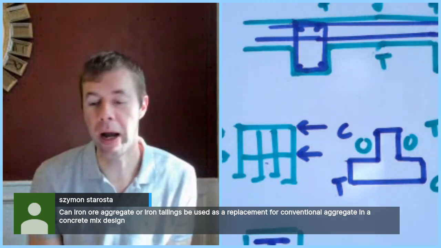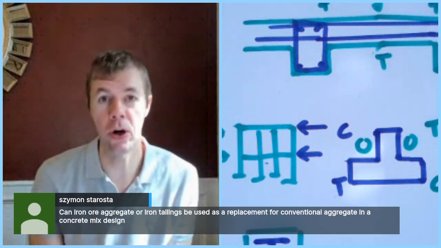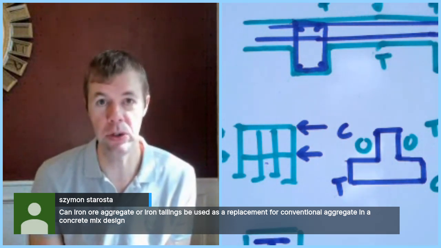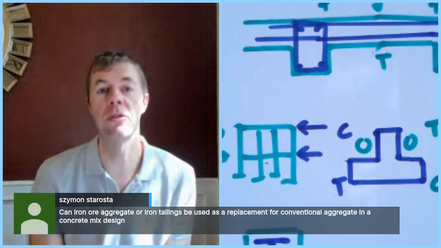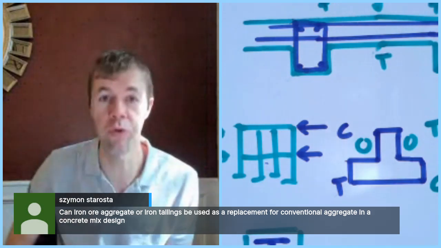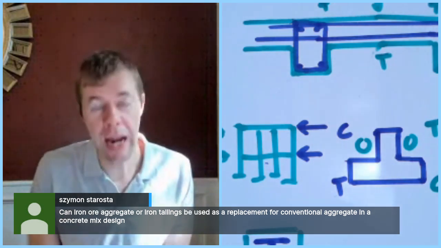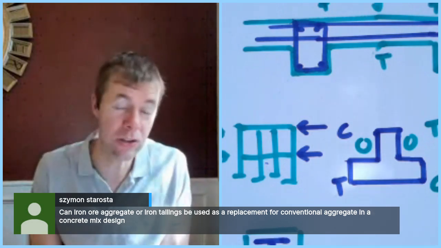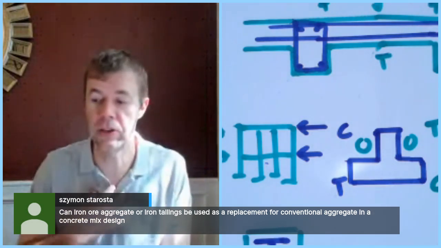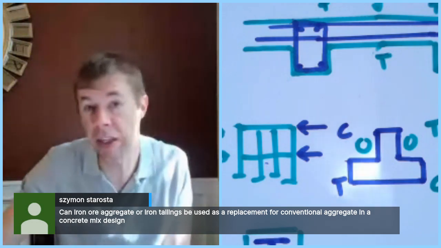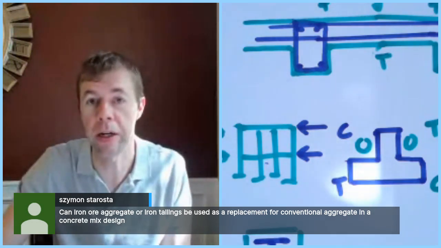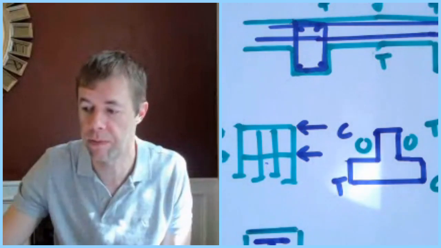And so I would be a little concerned about just using something that you didn't know how it performs. So I would look for long-term proof. Aggregates make up about 70 to 80% of your concrete volume, and that's just not something that I want to take a risk on. That's just my opinion. I think it could be done. I think you would just want to make sure that it has long-term performance.